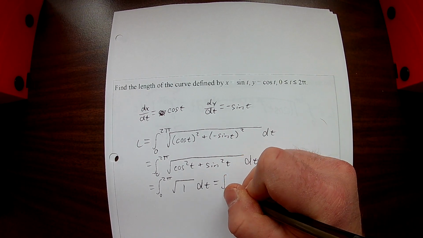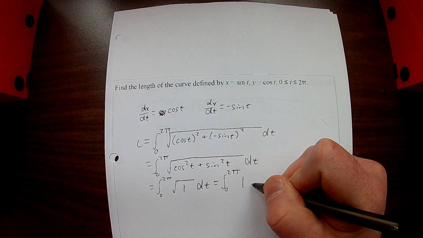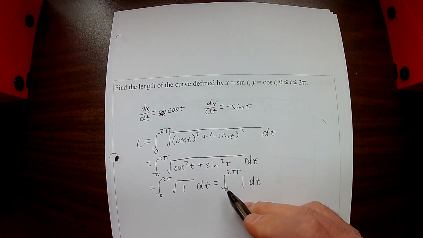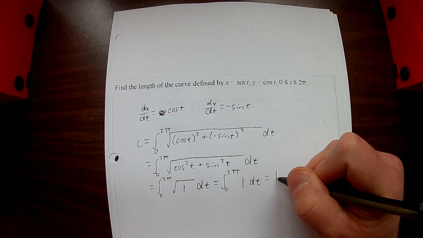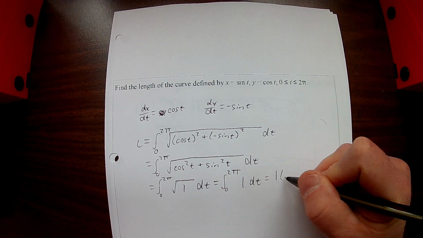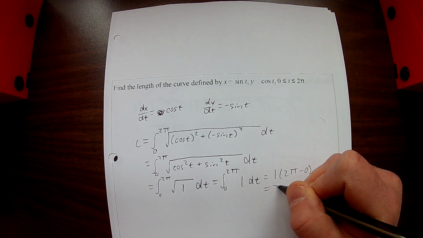The square root of 1 is just 1. Now I've got the integral of a constant function, which is just the integrand times the length of the interval, which is 2 pi.